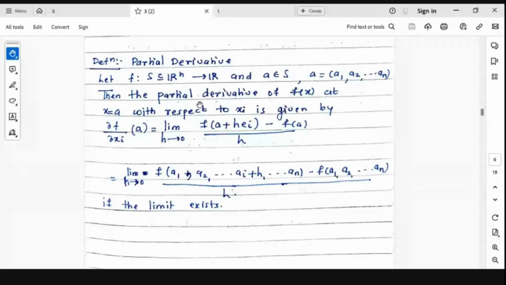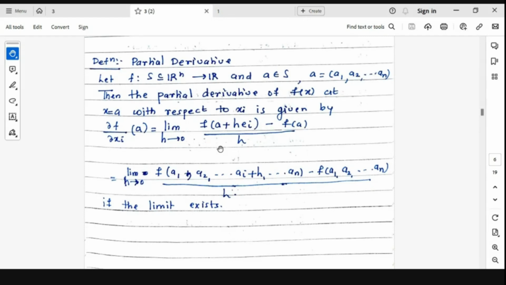Then the partial derivative of f(x) at x equal to a with respect to the variable xi is given by the notation used here, dou f upon dou xi at a, and it stands for the limit as h approaches 0 of f(a plus h ei) minus f(a) upon h.